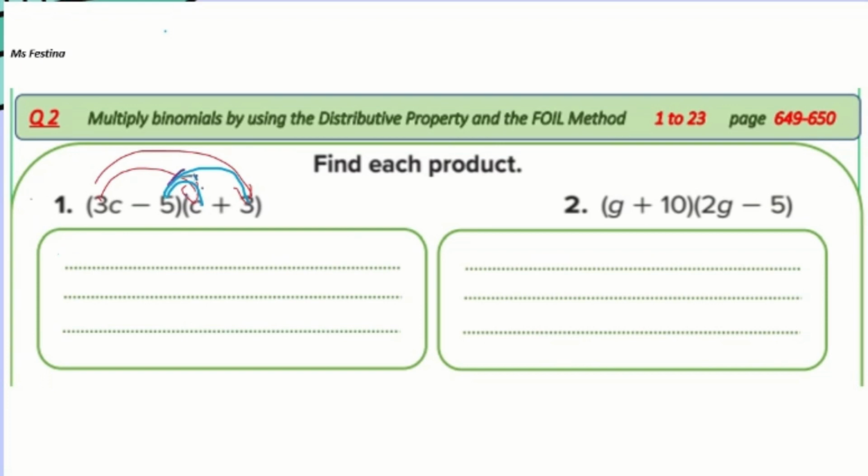So this is how we then get to the answer. 3c multiplied by c will give you 3c squared, c to the power 2, and then 3c multiplied by positive 3 will give you plus 9c.